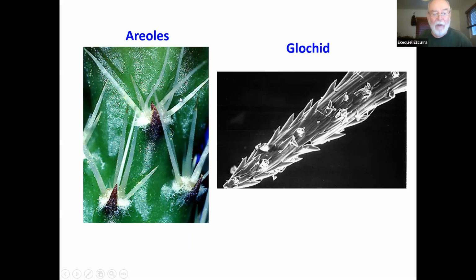Let's have a look at the areoles themselves. Many cacti, especially the prickly pears that you see so commonly planted throughout Southern California and our region, the areoles are axillary buds. You can see it here. This structure here is a leaf, very reduced, but they will have a leaf.